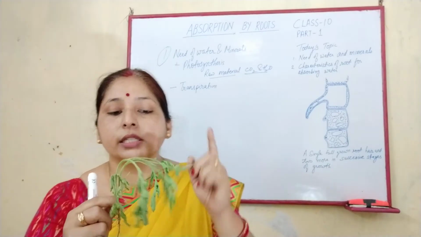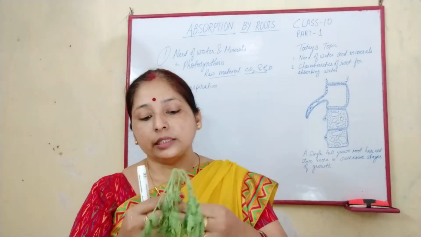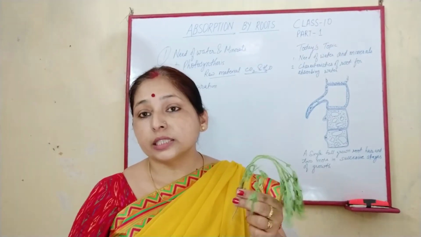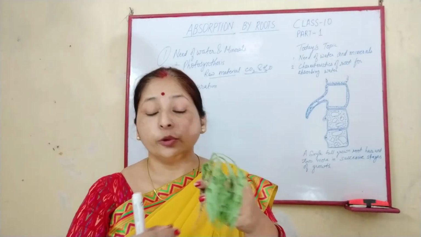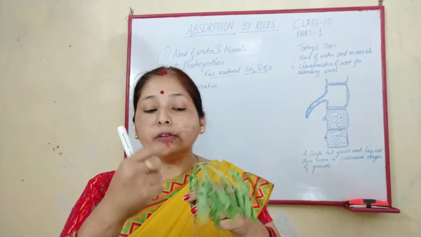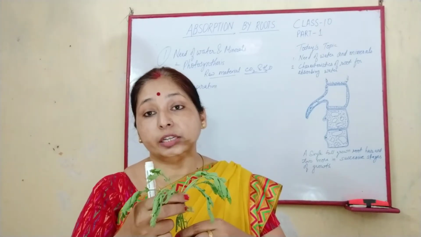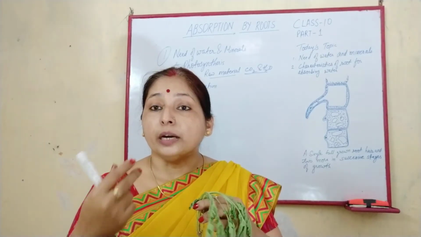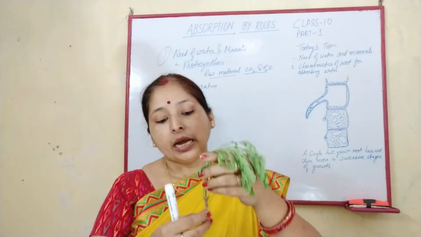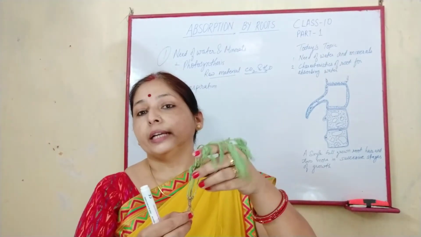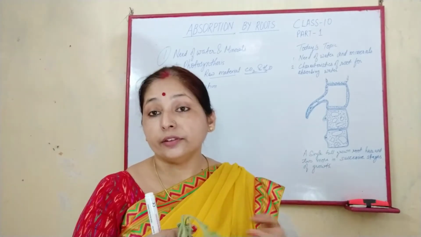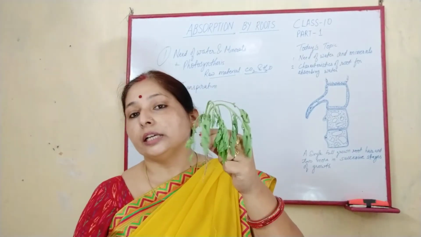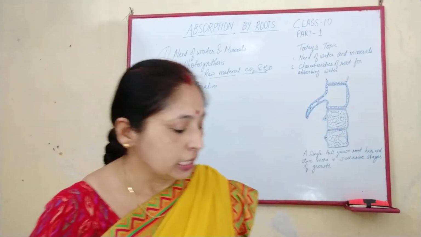Wilting of the leaves is the result of my having uprooted this plant about half an hour before this video. Since the weather is very hot today, the evaporation process is continuing and the plant is not getting water from the roots. So water is unavailable, which results in wilting of the leaves of this plant.